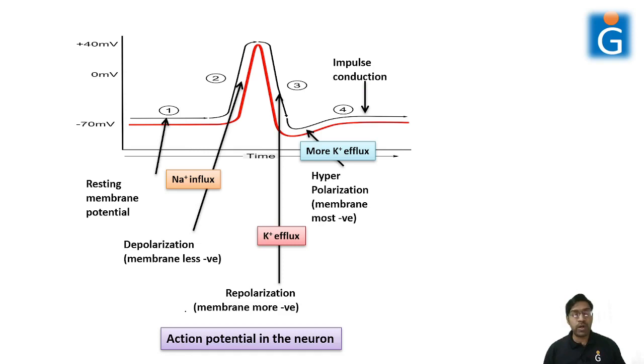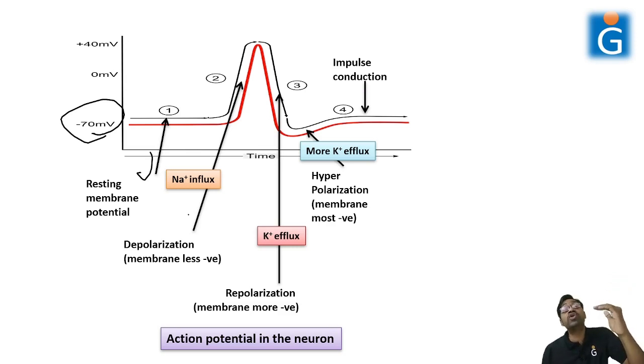Let us see with respect to the diagram. Now this is a resting membrane potential of minus 70 millivolts. When any nerve impulse comes, it is going to cause opening of the sodium channel. This sodium is going to come inside, causing a slightly positive polarity. It will trigger the change in the voltage, and finally it is going to cause the activation of voltage gated sodium channels, which is going to cause a huge concentration of sodium to enter inside the cytosol from the ECF, leading to achievement of the threshold potential.